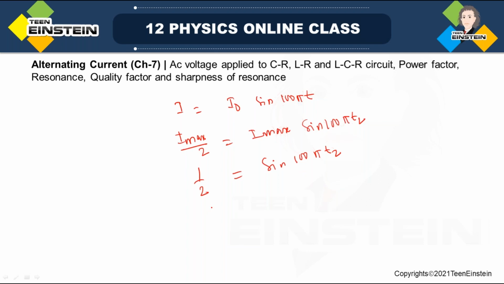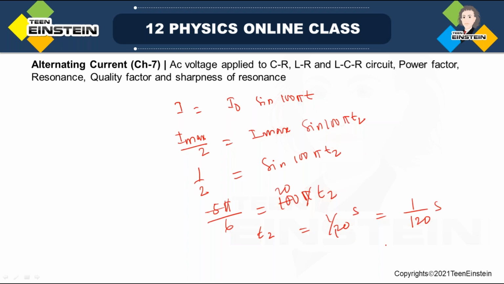So this could be seen that 5 pi by 6 is equal to 100 pi t2. So pi goes off, and t2 will be actually 1 over 120 second.